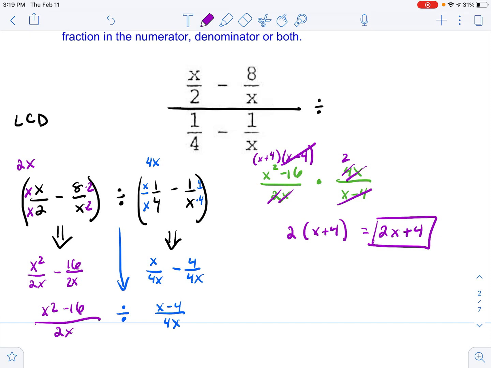Okay, now that's a lot of work. It's almost like 3 questions in one. We have our numerator question, we have our denominator question, and then we have the division question, which turns to multiplication. So there's actually an easier way to go about doing this problem. Instead of handling it in separate cases, we can handle them all at the same time using the same idea of least common denominator.